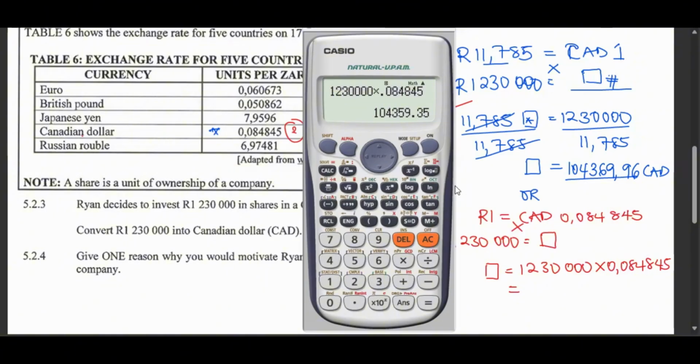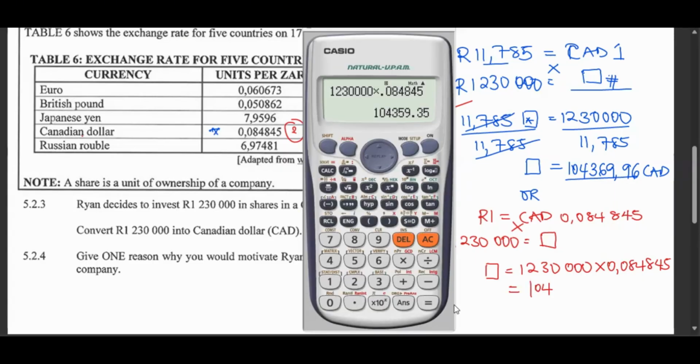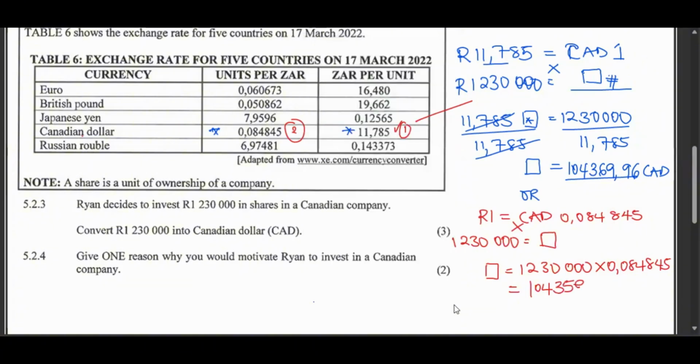The answer becomes 104,359.10. It's a little bit of change. It's because this number was over rounded off. All right, but it's fine. You still have almost the same answer, and it will be fine also to be right. So we get that much as the answer, and we call it a day.